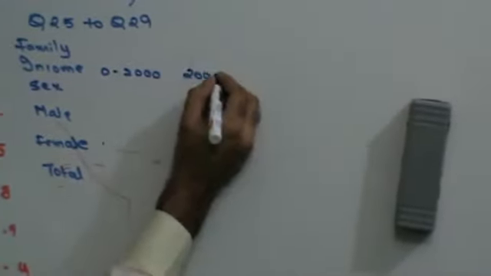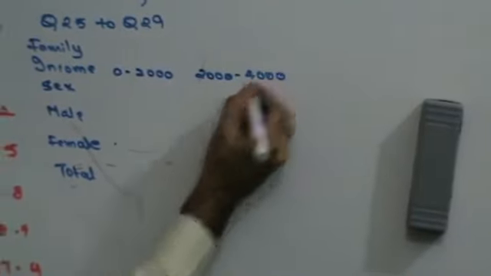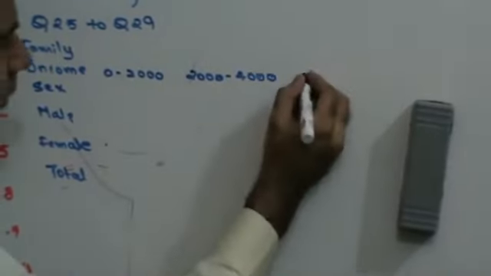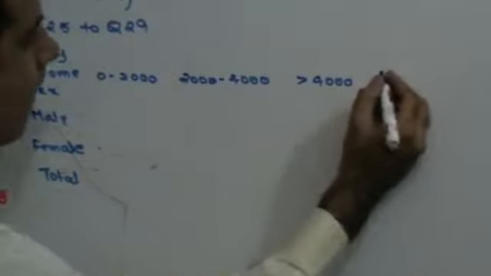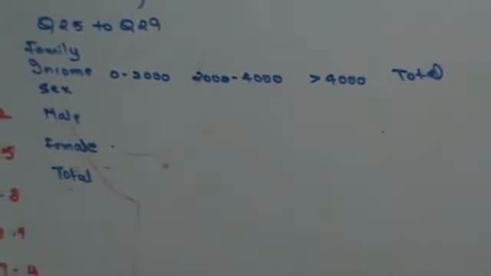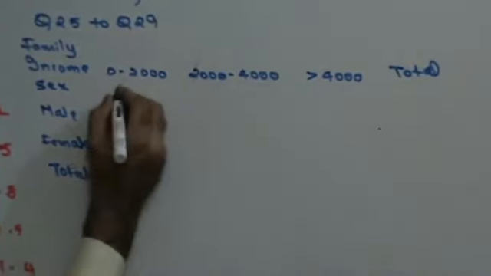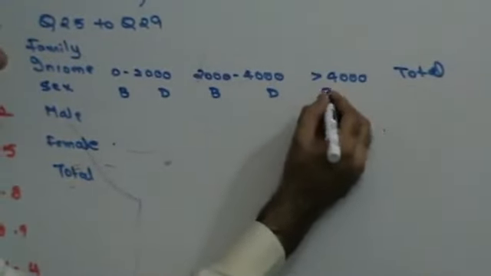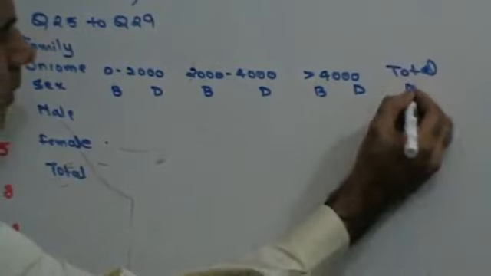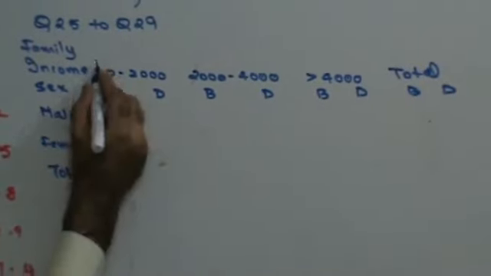The family income is 0 to 2000, 2000 to 4000, then greater than 4000, and then you have total. This has been further classified as birth, death, birth, death, birth, death, birth, death.